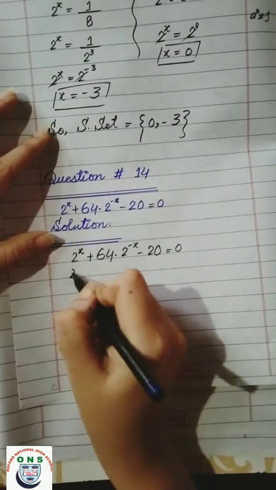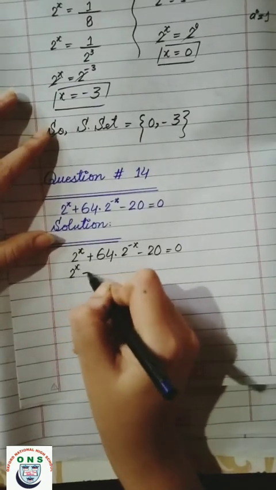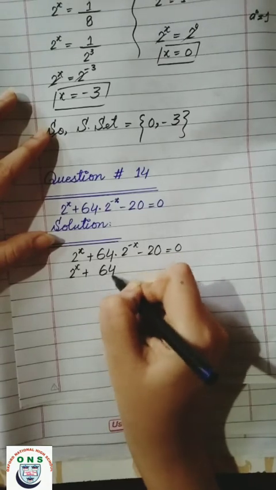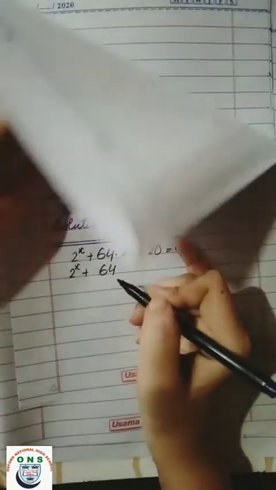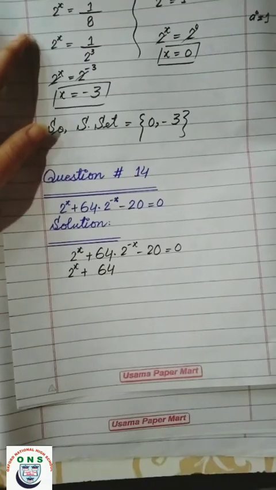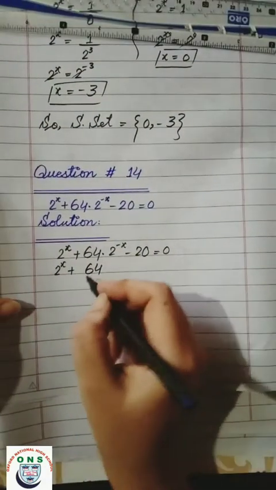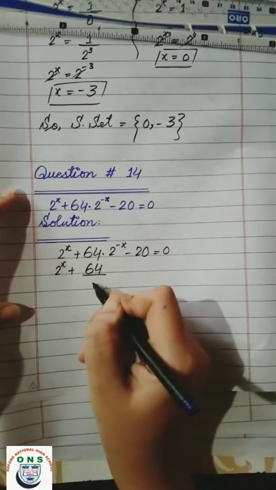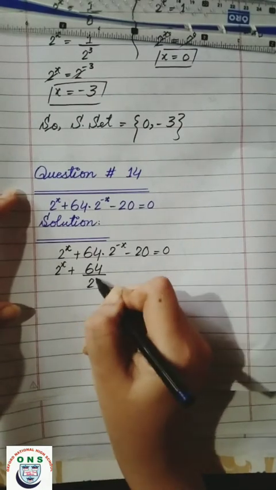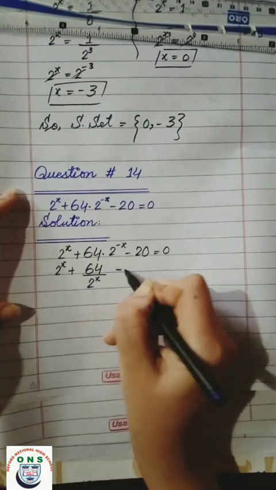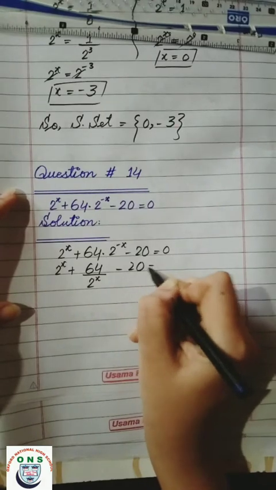So 2 power x plus 64 times 2 raised to the power minus x. Here it is multiplied, but its power is negative. If we take it to the denominator, its power will be positive. Minus 20 is equal to 0.